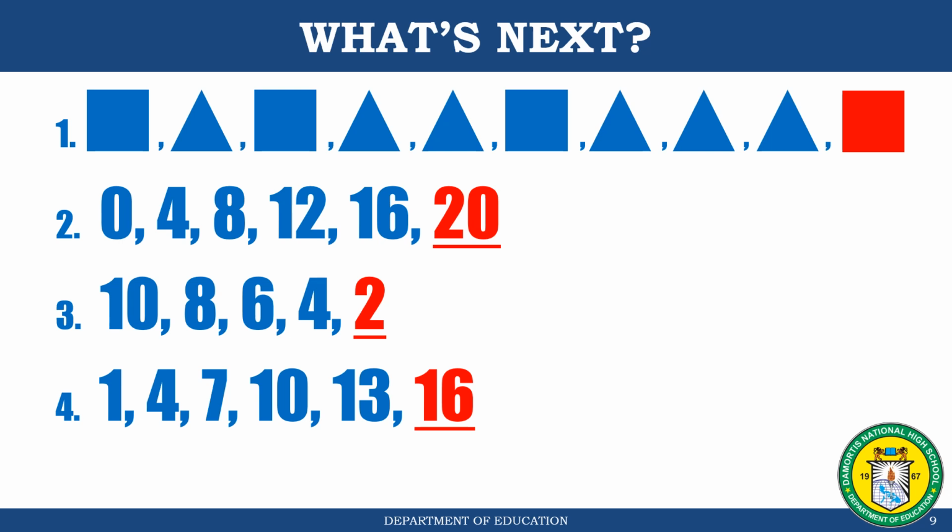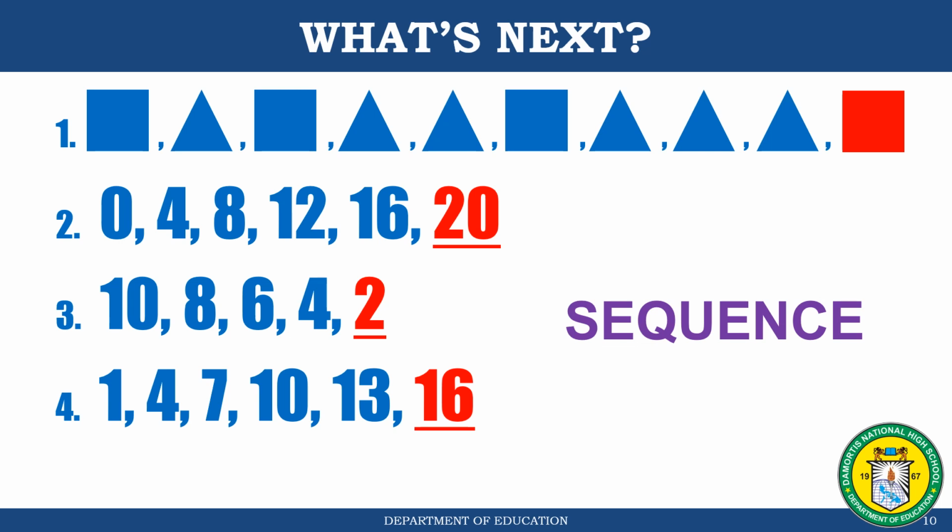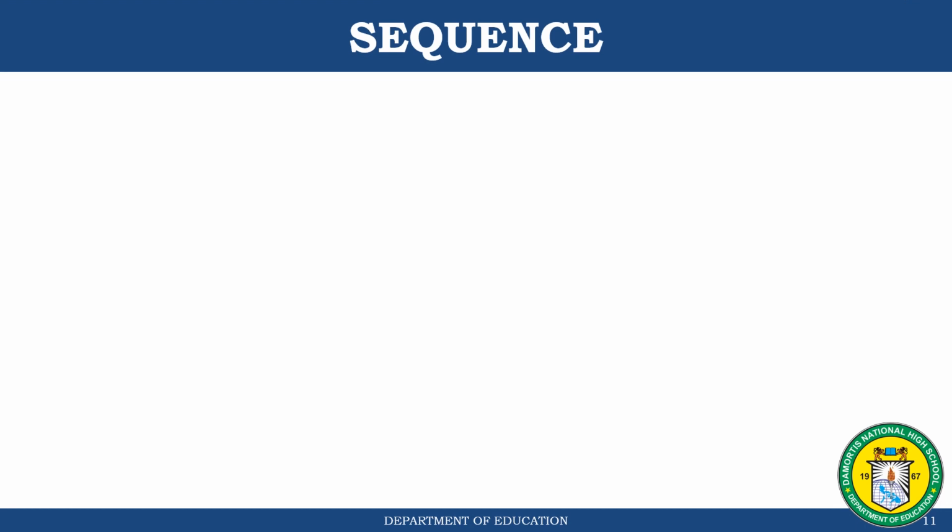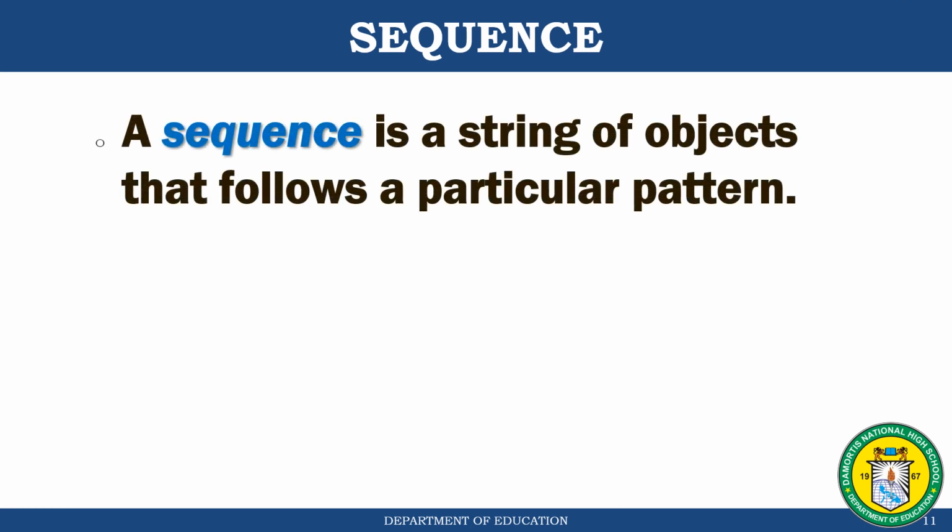The set of shapes and the sets of numbers in the above activity are called sequences. And what is a sequence? A sequence is a string of objects that follows a particular pattern.